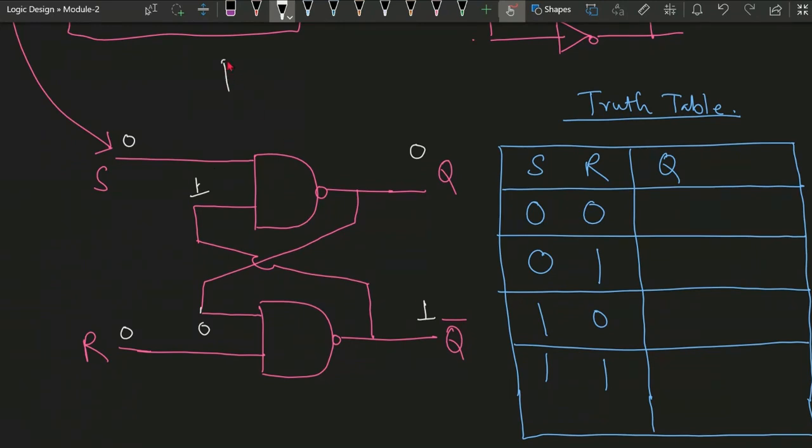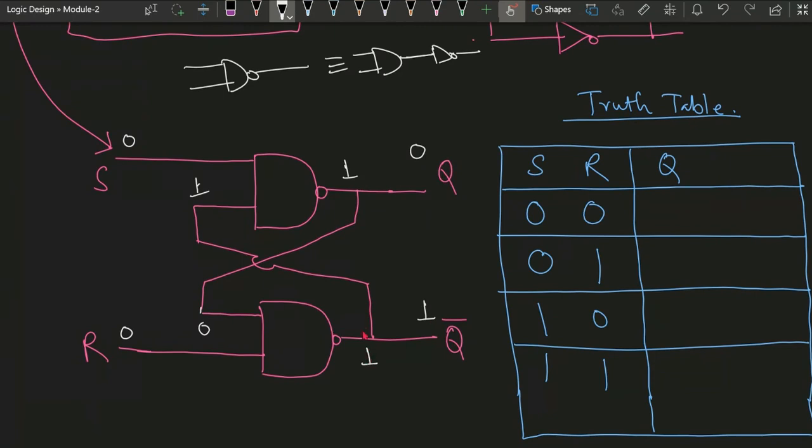So we do the AND: 0 and 1 is 0, NOT is 1, so it comes out to be 1. Similarly 0 and 0 is 0, and then NOT is 1. Initially we assumed Q is 0 and Q bar is 1, but after applying 0 and 0, the output comes out to be 1 1.